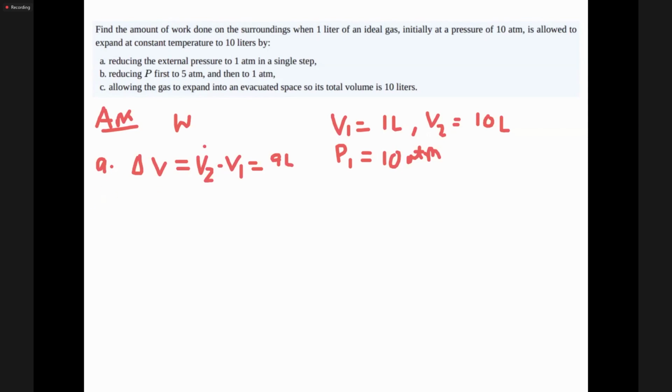So for path A, if we calculate W, W is minus P external into delta V. If you see over here, in case of A, they are saying reducing the external pressure to 1 atmosphere. So in this case, P2 or P external will be 1 atmosphere.